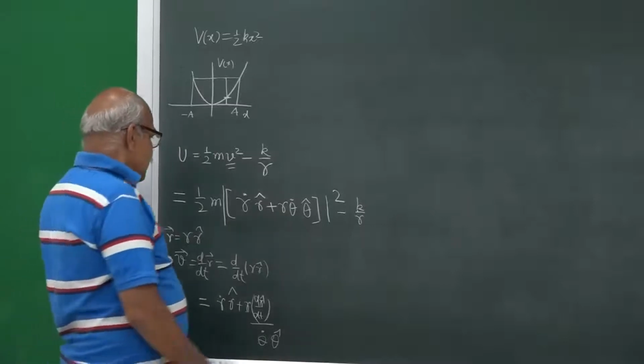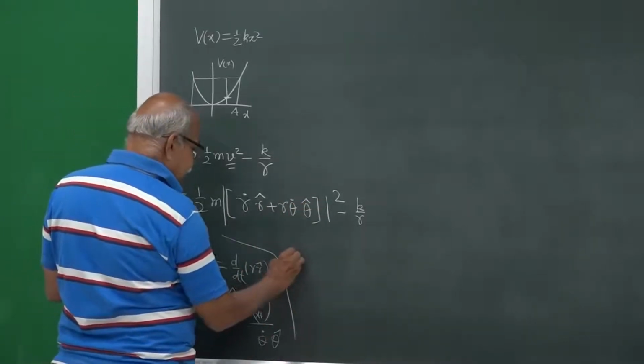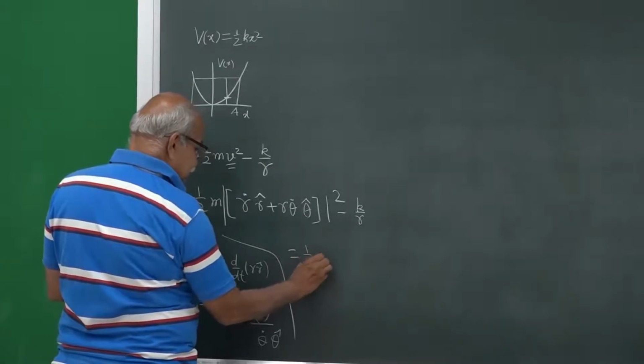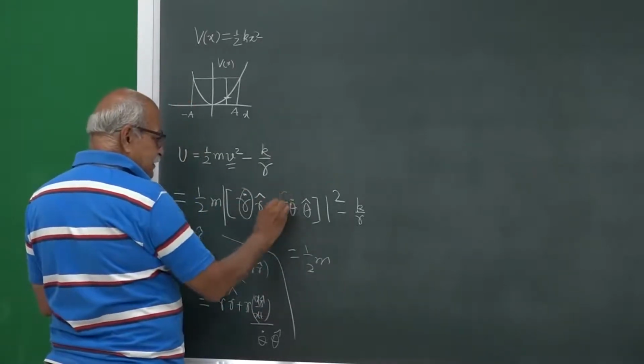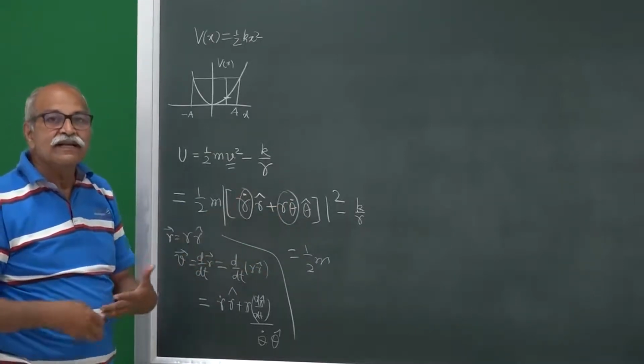Okay. Now, what is that magnitude square? This magnitude square is half m times this component square plus this component square. They are components in perpendicular directions.